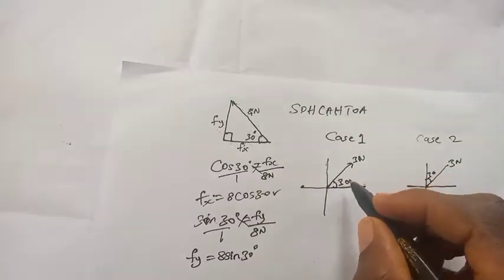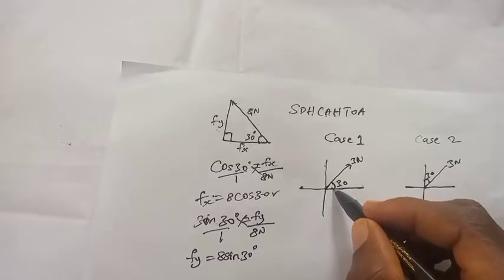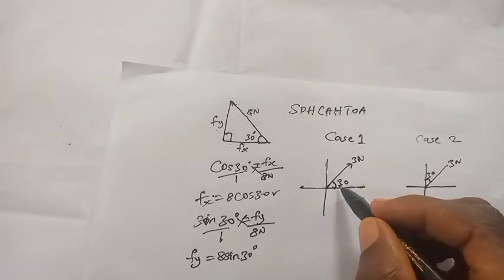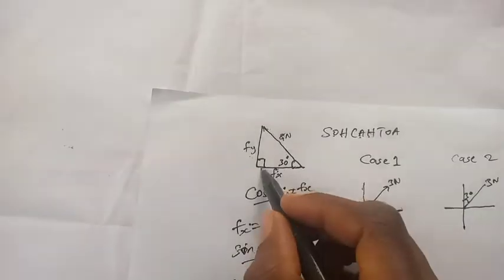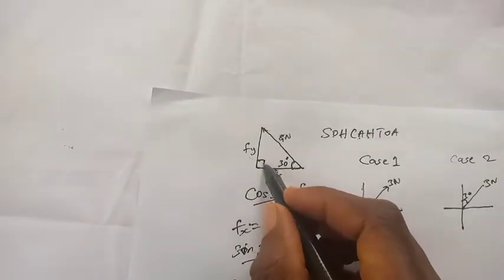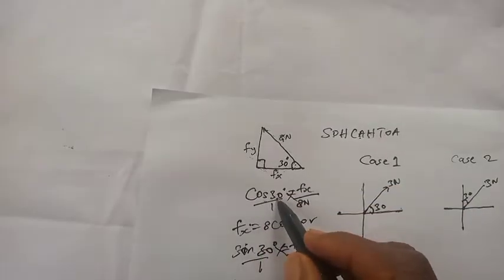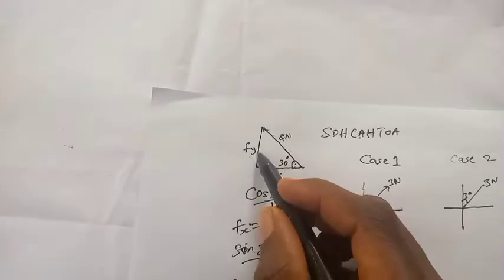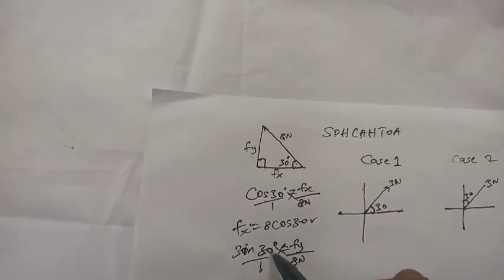Remember that the line connecting the angle is going to take the cosine of the angle, you understand? For example, the line connecting this 90 degree angle and the 30 degree angle took cosine 30, and the one facing this angle 30 took sine 30.